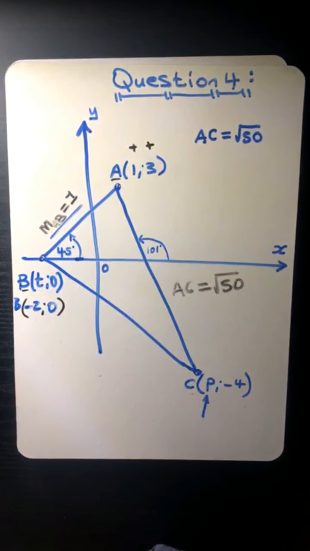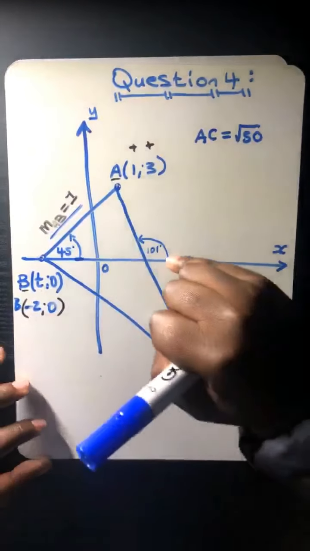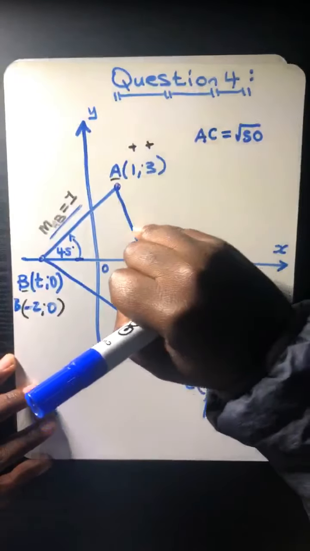So in the statement they've stated that AC is equal to root of 50, which is the distance between A and C. So here we're going to use the distance formula.